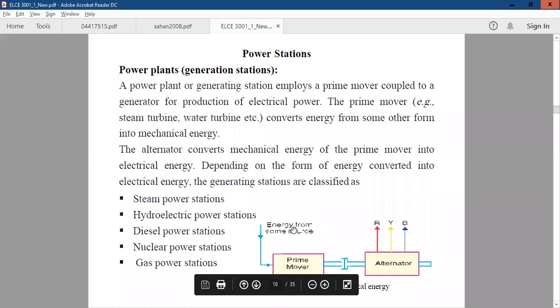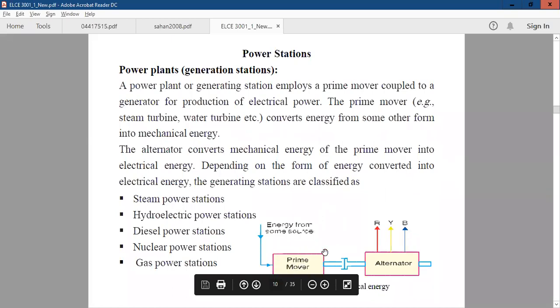The prime mover may be from steam power stations, hydroelectric power stations, diesel power stations, nuclear, and so on. If it's from a steam power station, we call it a steam turbine. If it's from hydroelectric, we call it a water turbine.